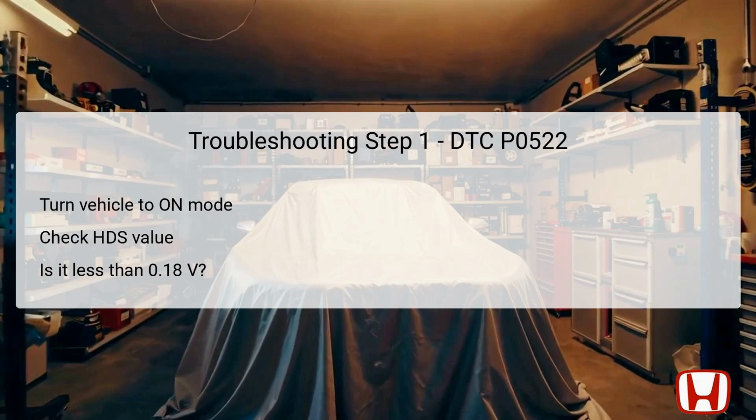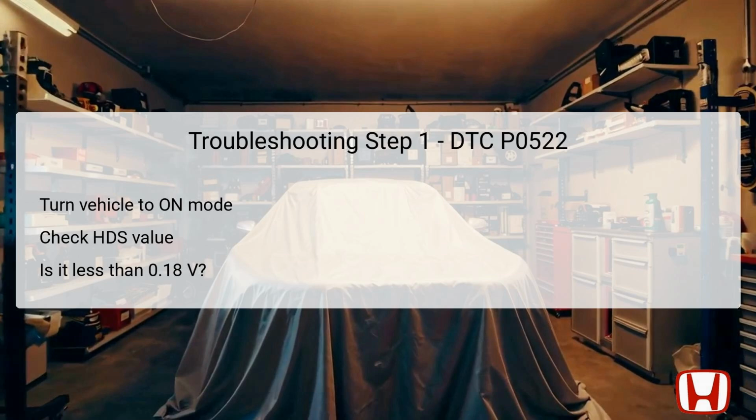The first troubleshooting step for DTC P0522 involves operating the vehicle in the on mode to assess the rocker arm oil pressure or EOP sensor voltage using the Honda Diagnostic System, HDS. It's crucial to closely observe the HDS readings, specifically looking for any values that fall below 0.18 volts.